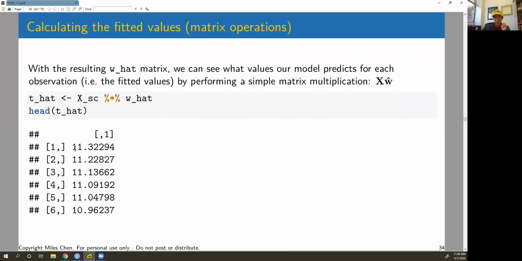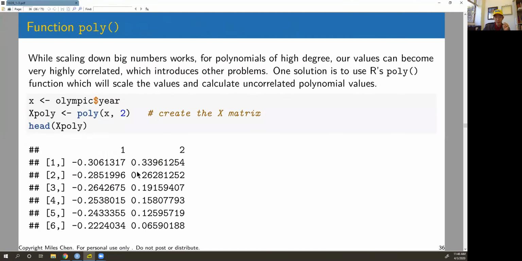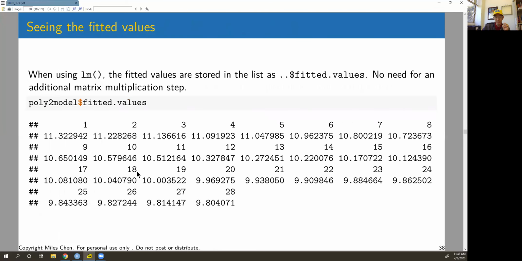So the quadratic fit here, we predicted 11.3229, 11.2282, 11.1366, okay? And when I find the predicted values after using R's polynomial function, I have the same thing. 11.3229, 11.2282, 11.1366, okay?